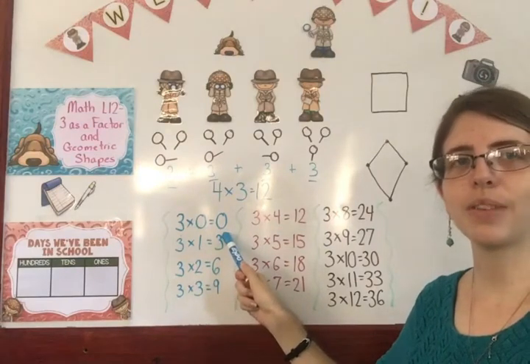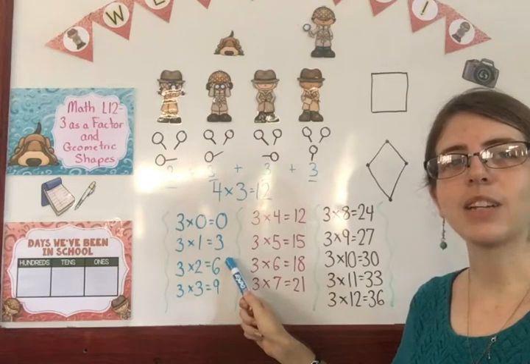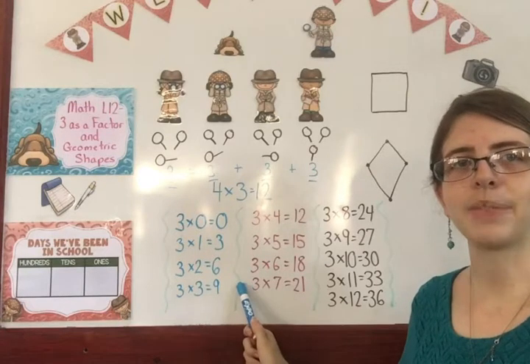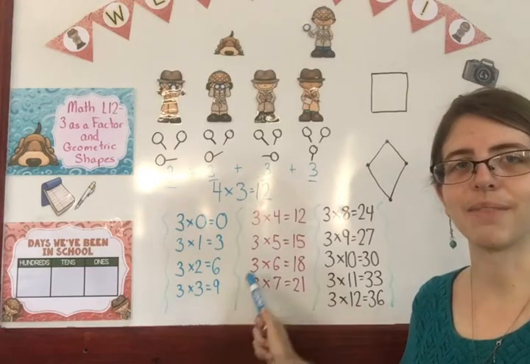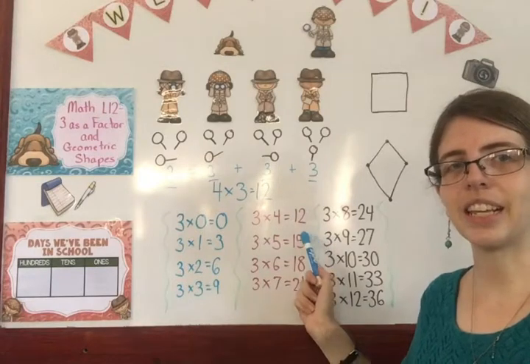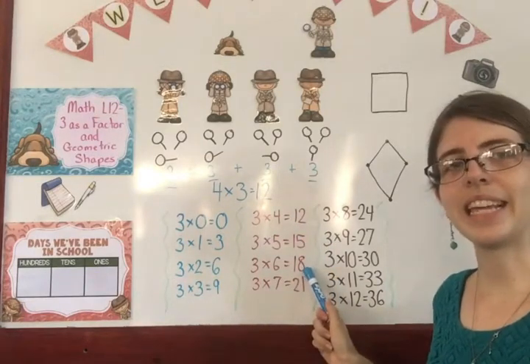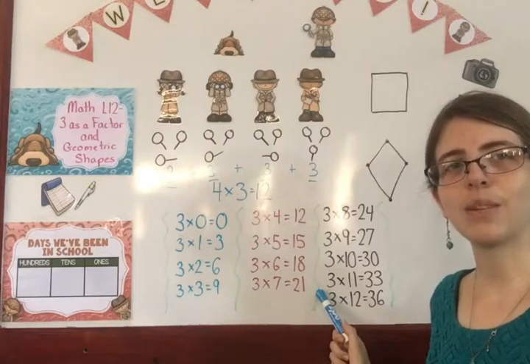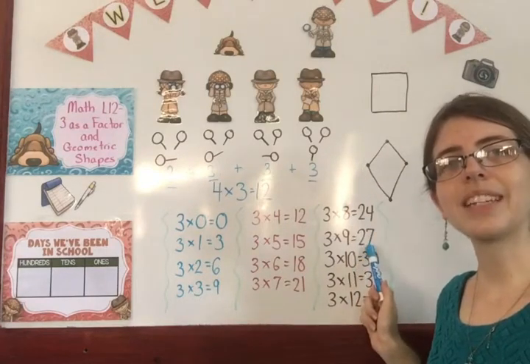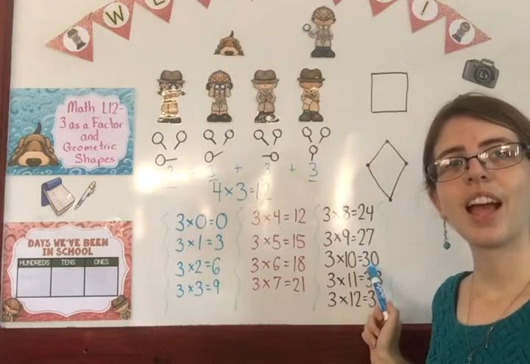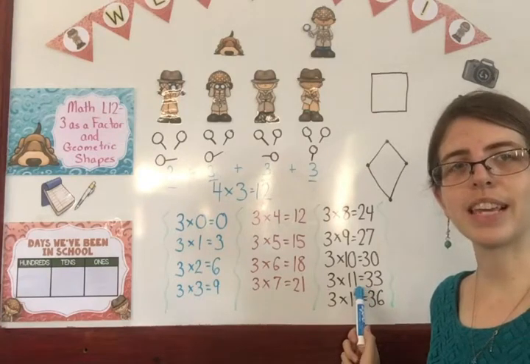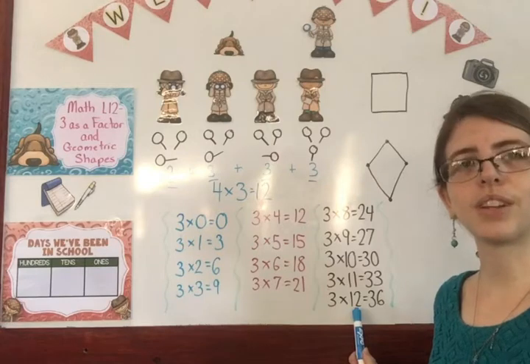3 times 0 equals 0. 3 times 1 equals 3. 3 times 2 equals 6. 3 times 3 equals 9. 3 times 4 equals 12. 3 times 5 equals 15. 3 times 6 equals 18. 3 times 7 equals 21. 3 times 8 equals 24. 3 times 9 equals 27. 3 times 10 equals 30. 3 times 11 equals 33. 3 times 12 equals 36.